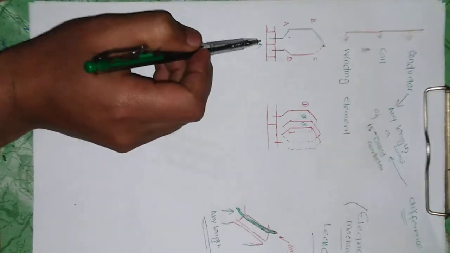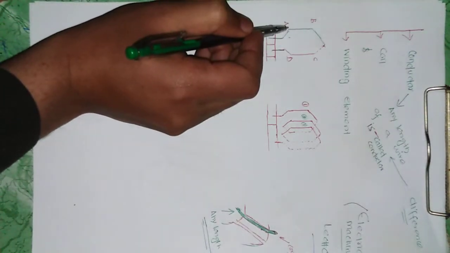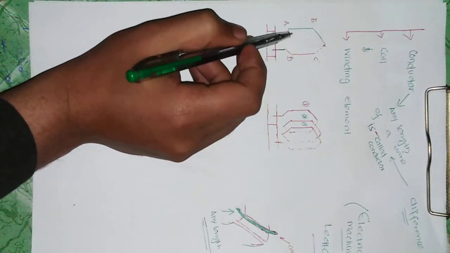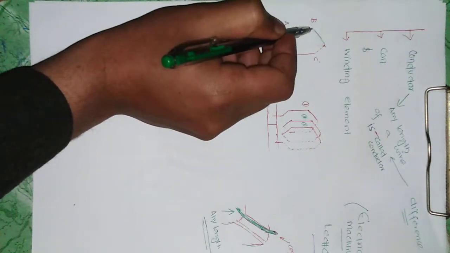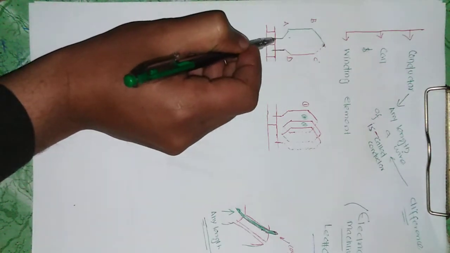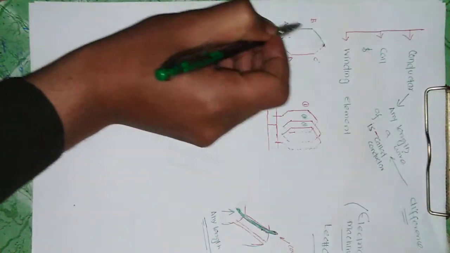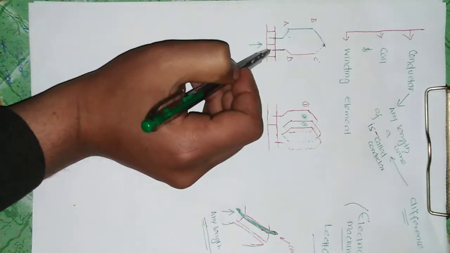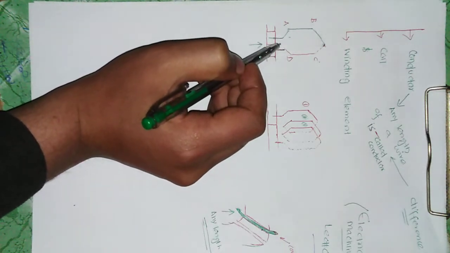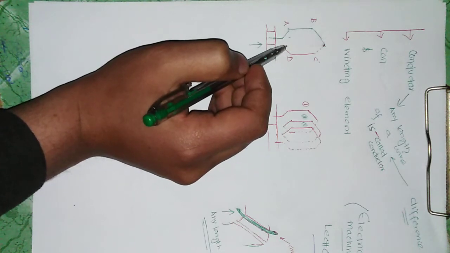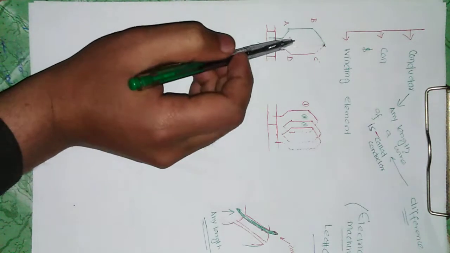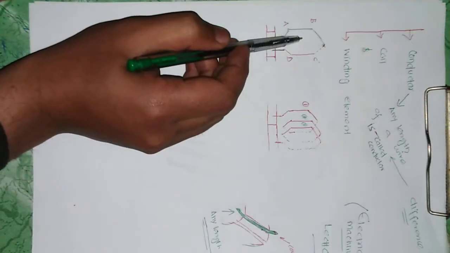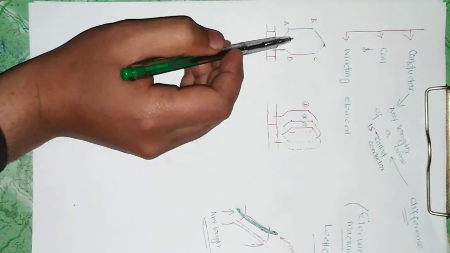Here the length AB and the length DC are separate conductors: from here to here is one conductor, and the DC from here to here is a second conductor. These are examples of conductors in the electrical generator.